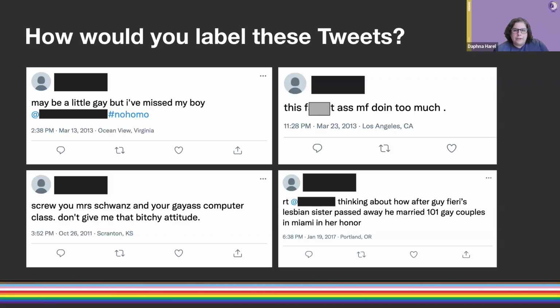But there's like 50 of us in this room, and if we look at these 4 tweets, we all probably have slightly different opinions as to whether something is nice or not nice. And if it's not nice, is it really hateful or toxic? Or is it just maybe annoying and something you don't really want to be reading? Or does it constitute something that should be removed from the internet?